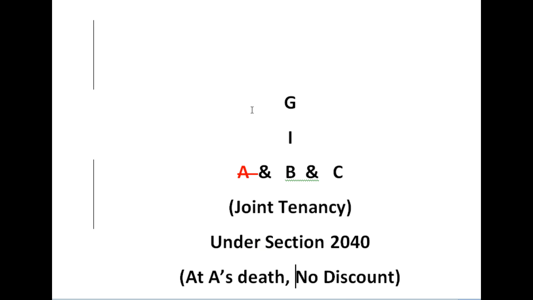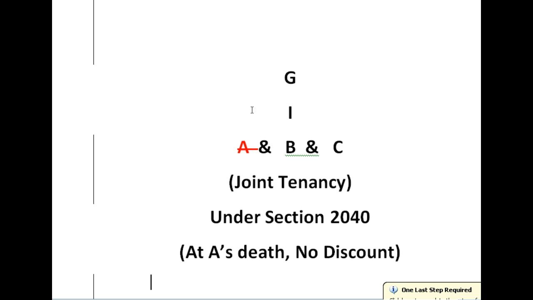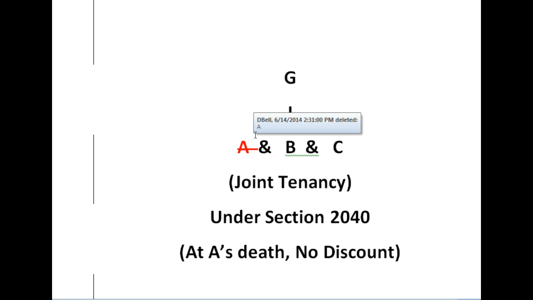In this next illustration, we can demonstrate Section 2040A with this example. Here we have A, B, and C who receive the property by gift from grantor G. If A dies in this case, A's 1/3 interest is included with no discount.